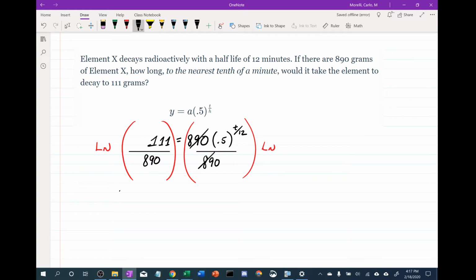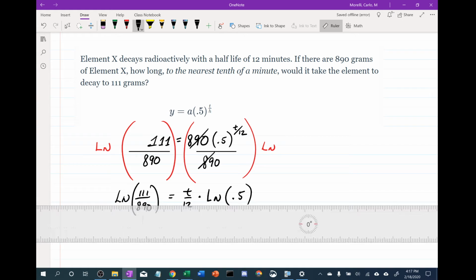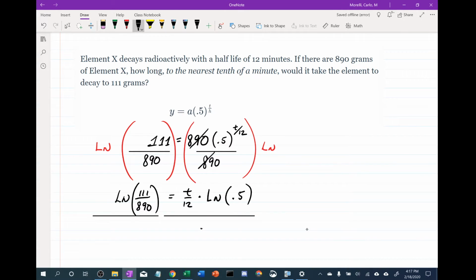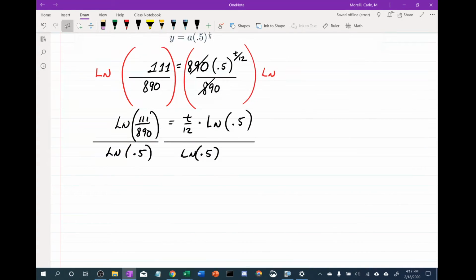And we would have the natural log of 111 over 890 equal to t over 12 times the natural log of 0.5. Okay, so now you just divide both sides by the natural log of 0.5. And these cancel out here.